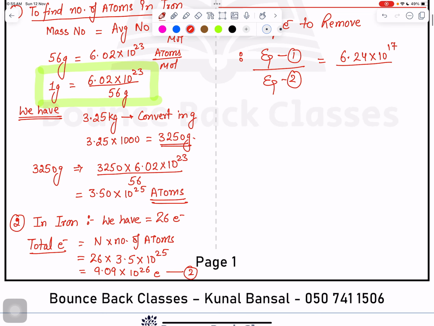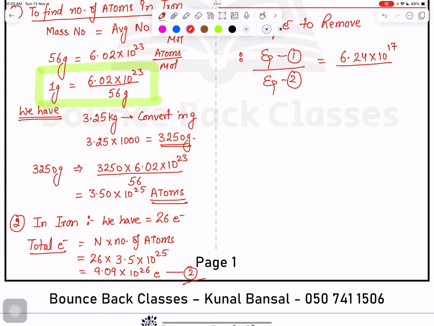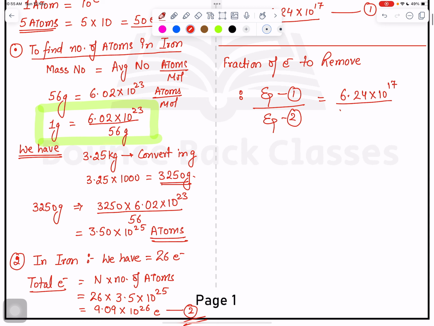We have this value, yes, second value 9.09 multiplied 10 raised to the power 26. So guys, solve it. So we will get 6.87 multiply 10 raised to the power negative 10.